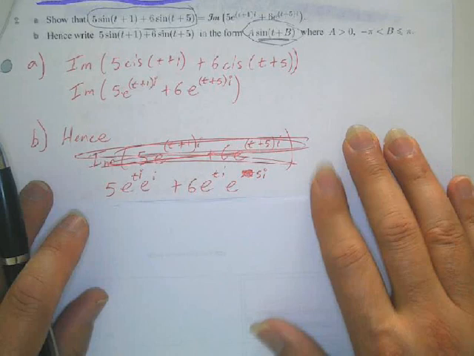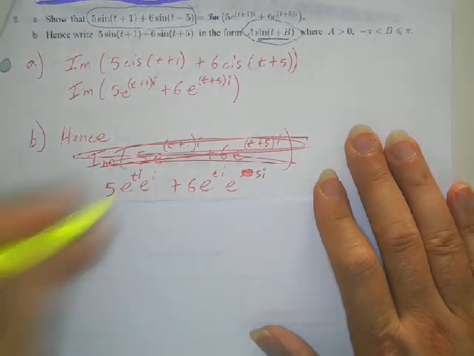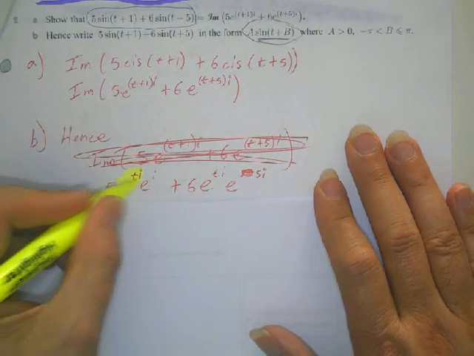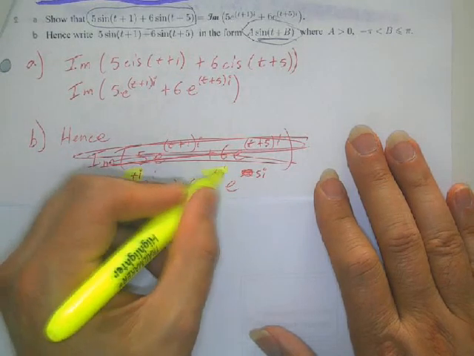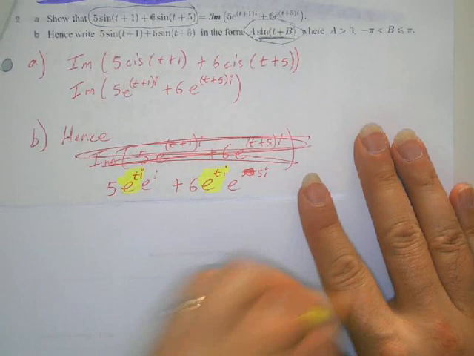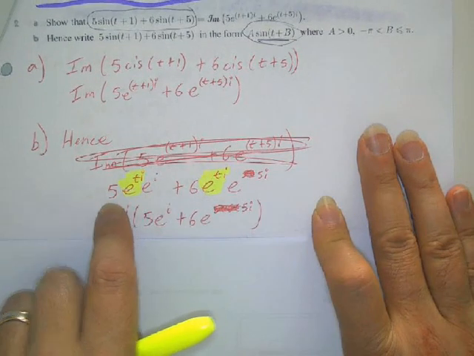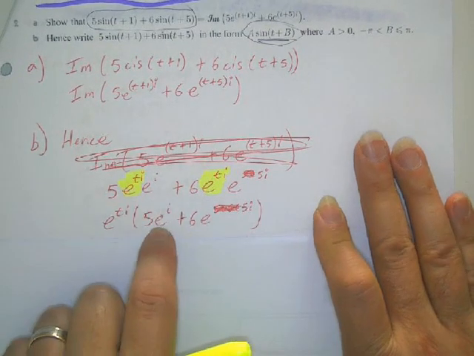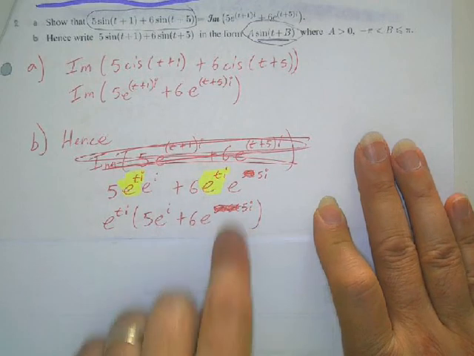And now just like in the other examples, I'm going to factor out the e to the ti. This is the part with the variable, and we're going to end up left with 5e to the i here plus 6e to the 5i here.